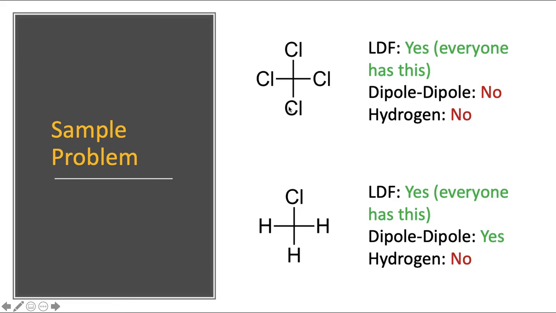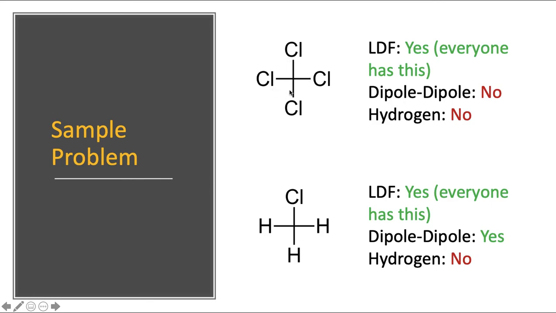Now, if I replace these three chlorines with hydrogens over here, this molecule will have at least London dispersion forces because every molecule has at least London dispersion forces. Now, I have a tetrahedral molecule, but I don't have the same type of element bonded to the central atom.